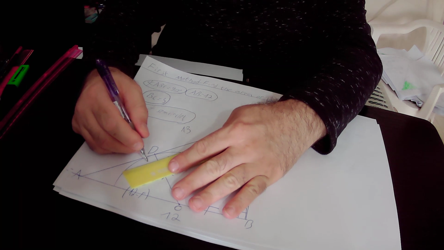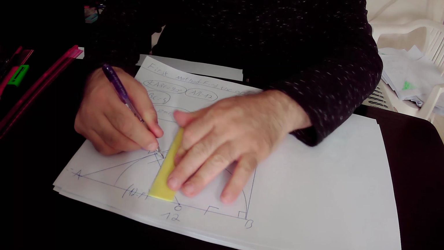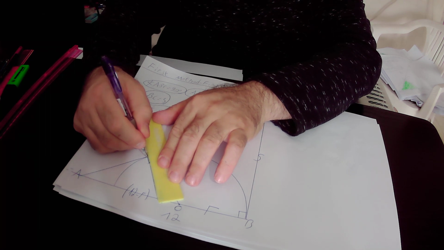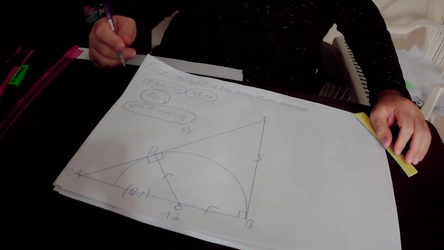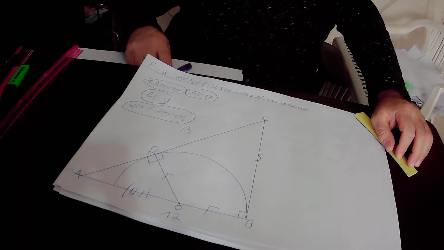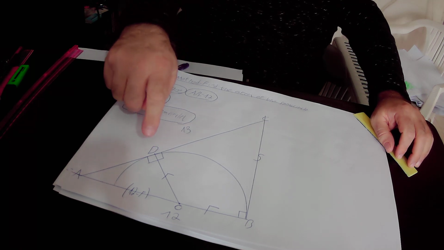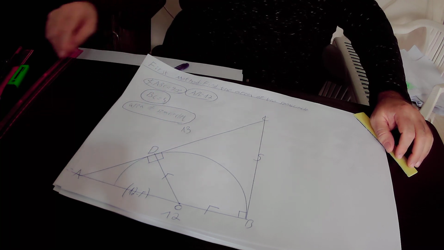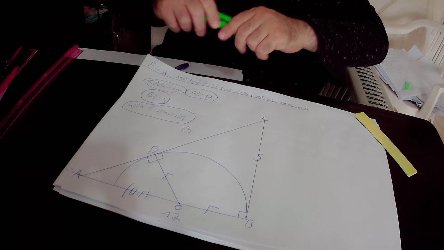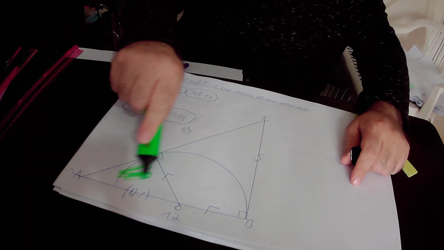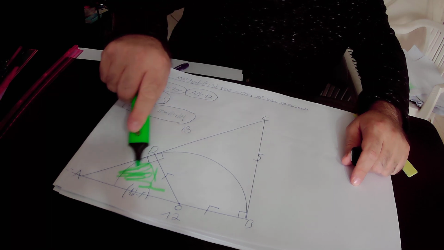That is to say, this angle will be equal to 90 degrees and this angle will also be equal to 90 degrees. Okay, so here, because angle ADO is a right angle, triangle ADO is a right triangle. The green triangle ADO is a right triangle.